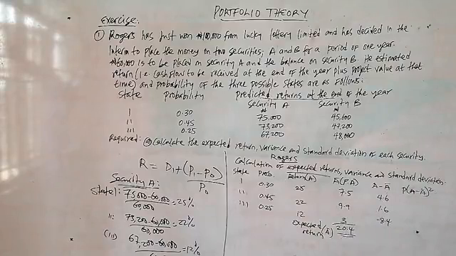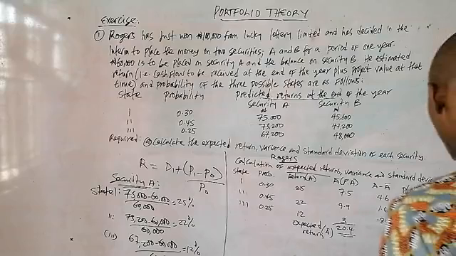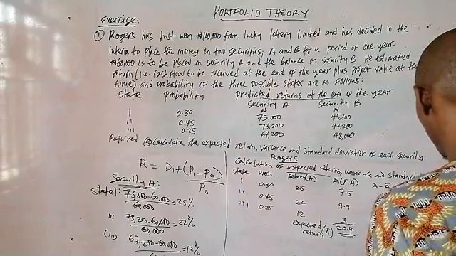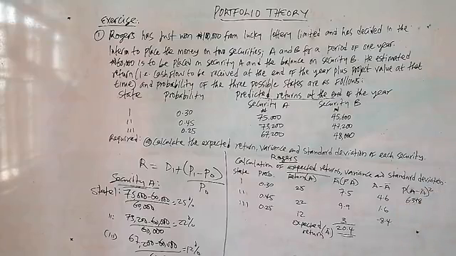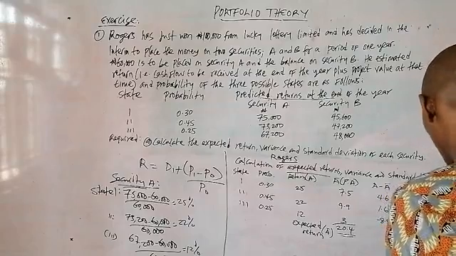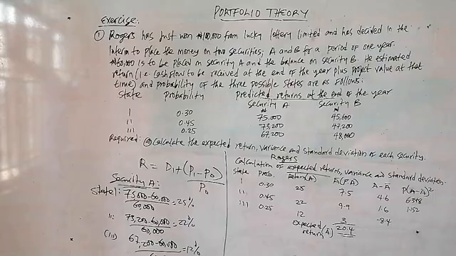So 4.6 times 4.6 times the probability 0.3 gives 6.348. 1.6 times 1.6 times 0.45 gives 1.152.